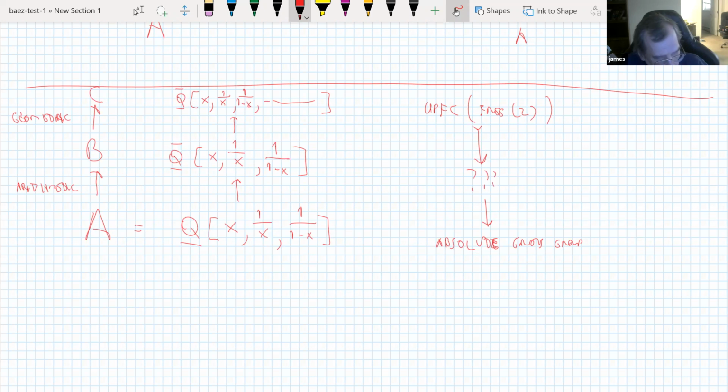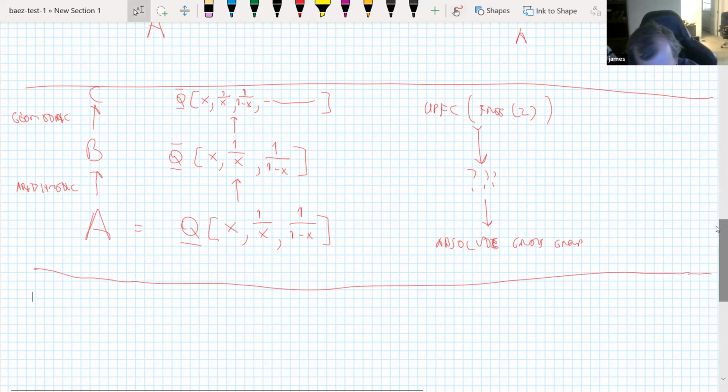And so now, one of the things that I want to do here: this is a very big, abstract, universal sort of thing, but this same structure should show up in very concrete examples.